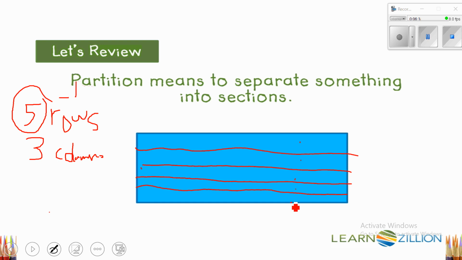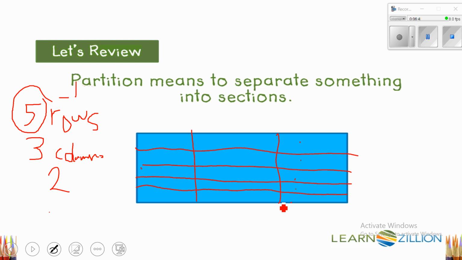So the rule said the number of rows minus 1. How about the columns? It is 3. So the rule said 3 minus 1, it would be 2 lines up and down. Here is the first line. Here is the second line. So now I partition my lovely rectangle into equal, for example, squares or rectangles.